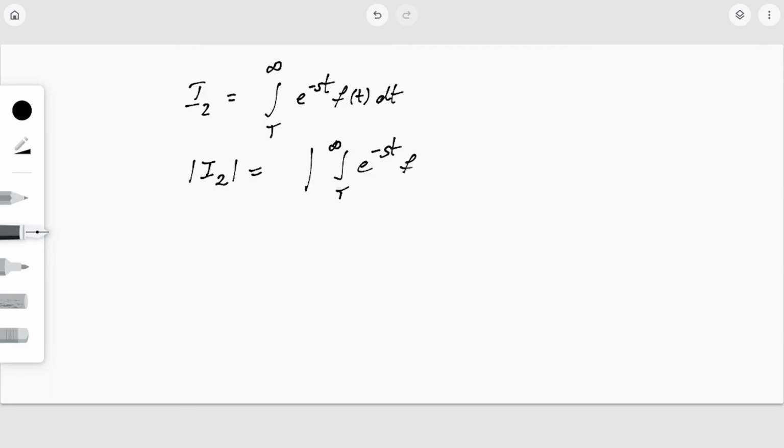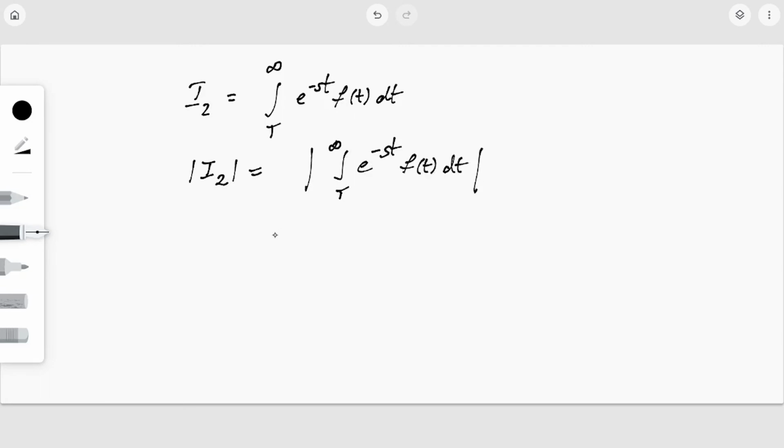Now I2 is nothing but the integral from T to infinity of e raised to minus st into f of t dt, right? So the modulus of I2 will be equal to the modulus of the integral from T to infinity of e raised to minus st into f of t dt.